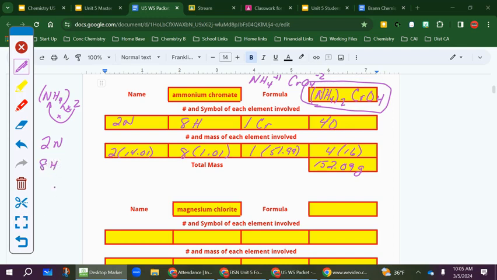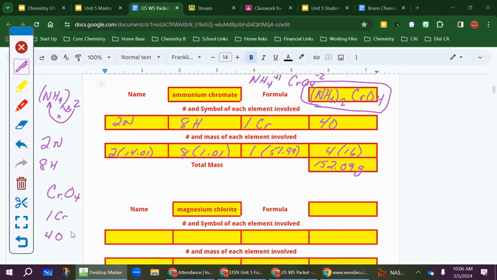And like you were just saying, the CrO4, this 4 only goes with the oxygen because it's next to it. There's nothing by the Cr, which means that's one of them. If it goes in parentheses, what is outside the parentheses multiplies everything inside. Since there's a 4 by the oxygen, there are 4 of them, but that 4 only goes to the oxygen.